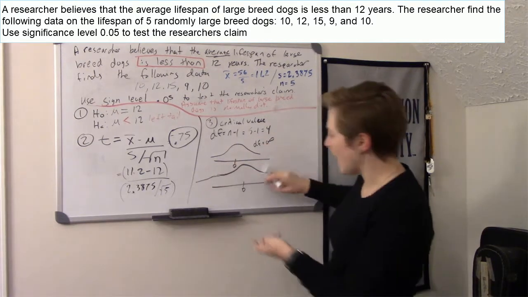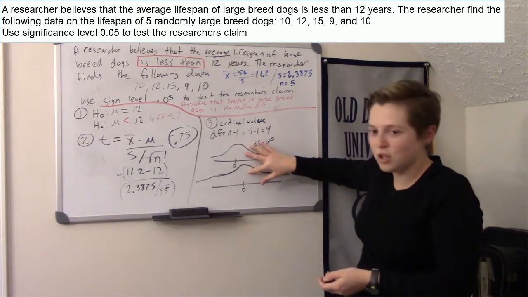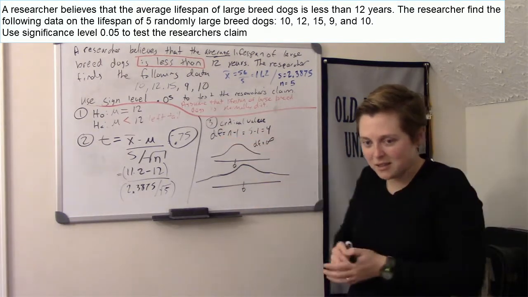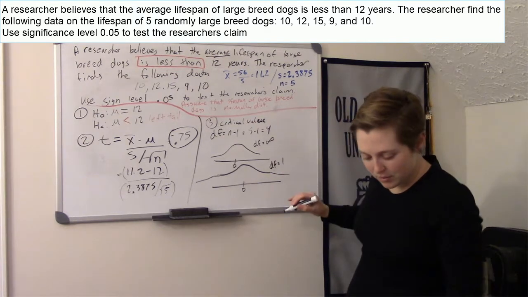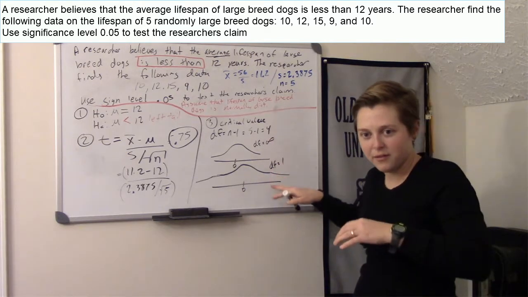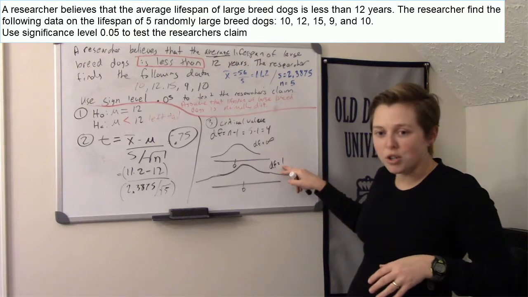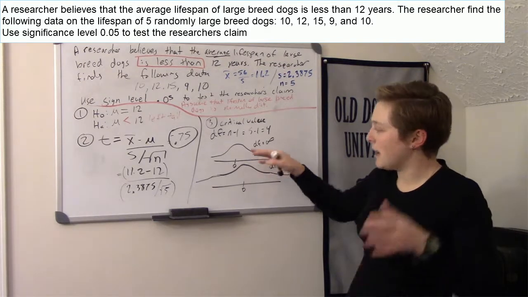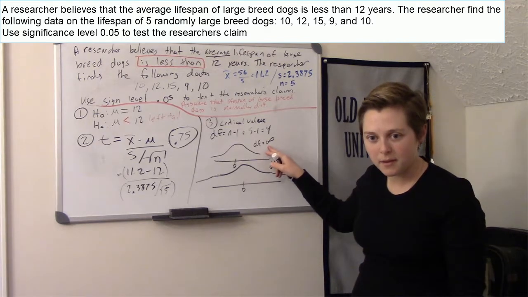So it's basically an entirely different t distribution. It looks different than the normal distribution because it has thicker tails, and its tail size is dependent on how many degrees of freedom you have. They're really thick for small degrees of freedom, and then they come to look just like a normal distribution for really large degrees of freedom.